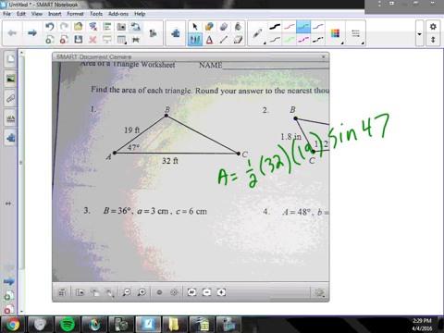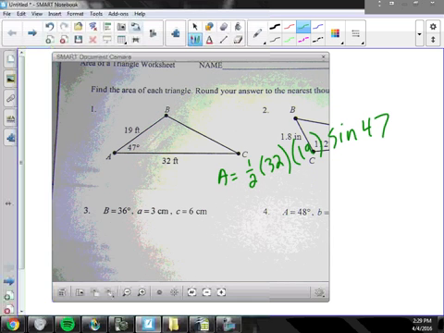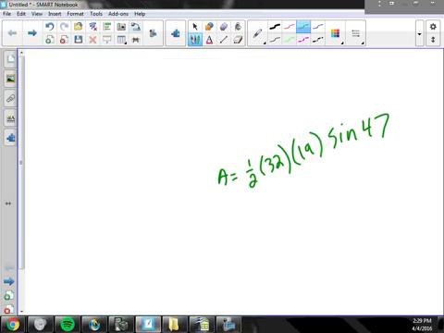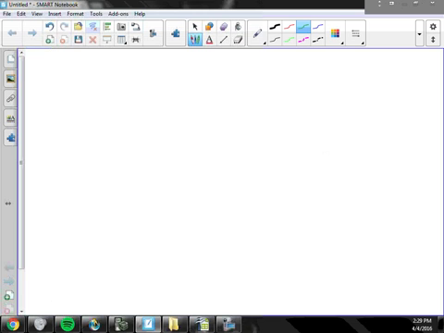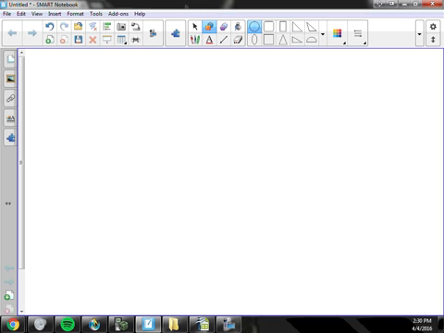Okay, but then on one of the worksheets you have to find the area of a regular polygon. What does it mean to be a regular polygon? Regular means all the sides are equal and all the angles are equal. So a regular polygon, here they are: an equilateral triangle, a square, a regular pentagon, regular hexagon, and so on.